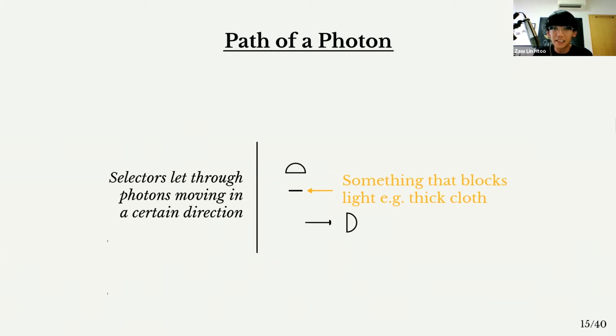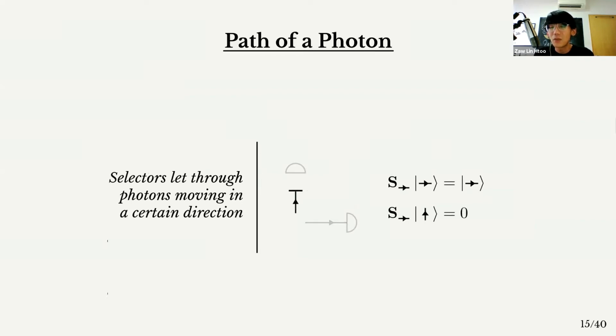So if I have a right moving photon, it just passes through, nothing happens to it. And if I have an upward moving photon, it gets blocked. So what I'm trying to describe is that if I apply this thing, which I call the right moving photon selector, to a right moving photon, nothing happens to it. But if I apply it to the upward moving photon, it gets blocked and you just get 0.